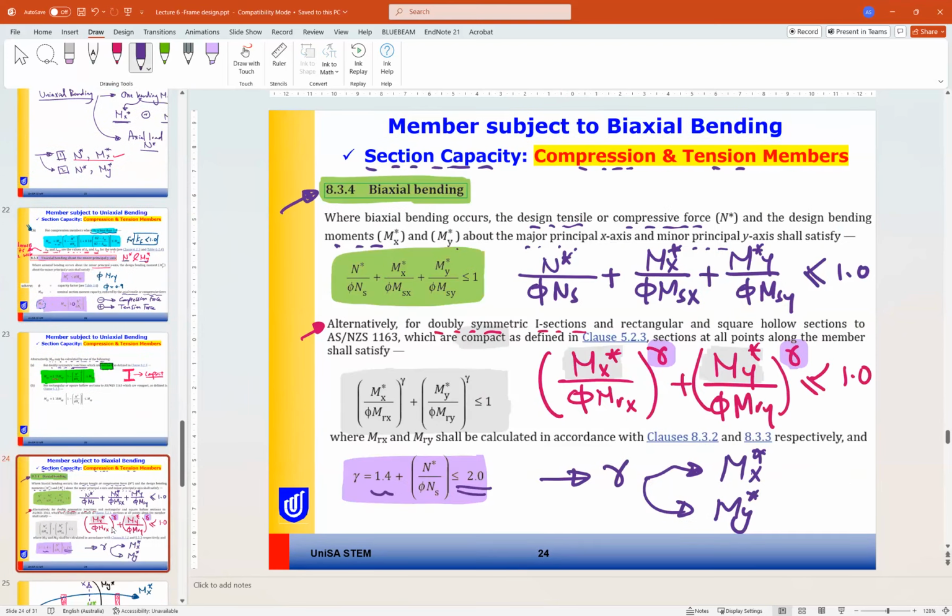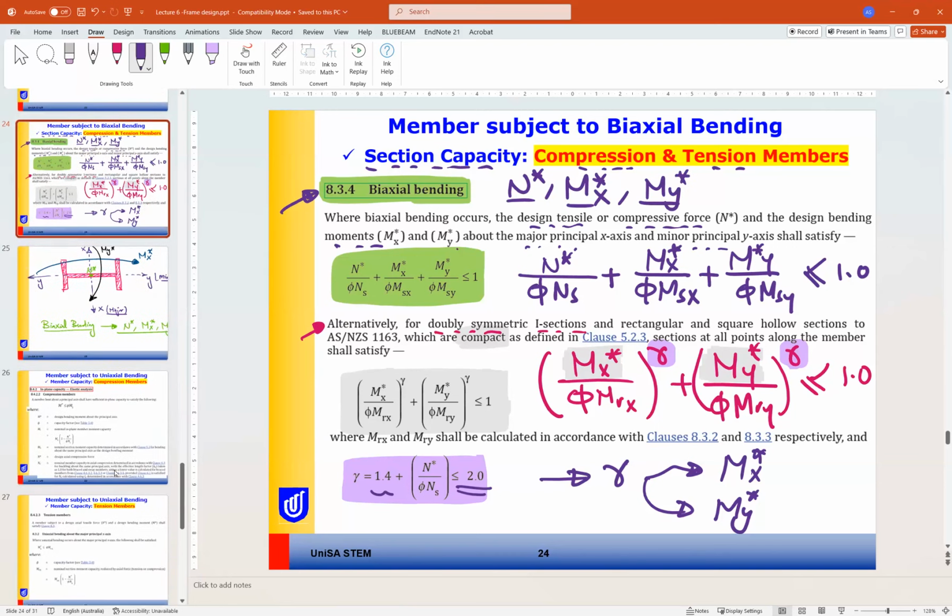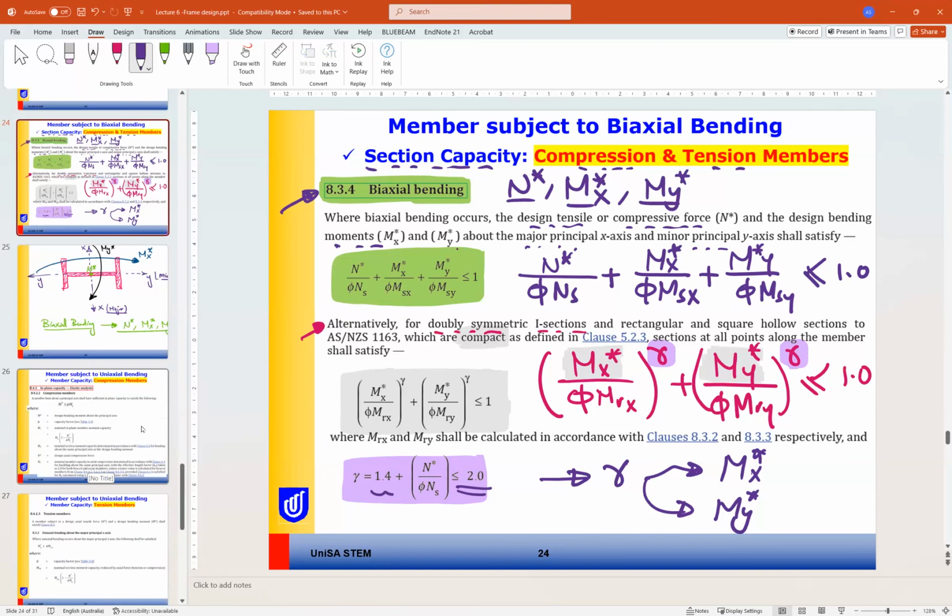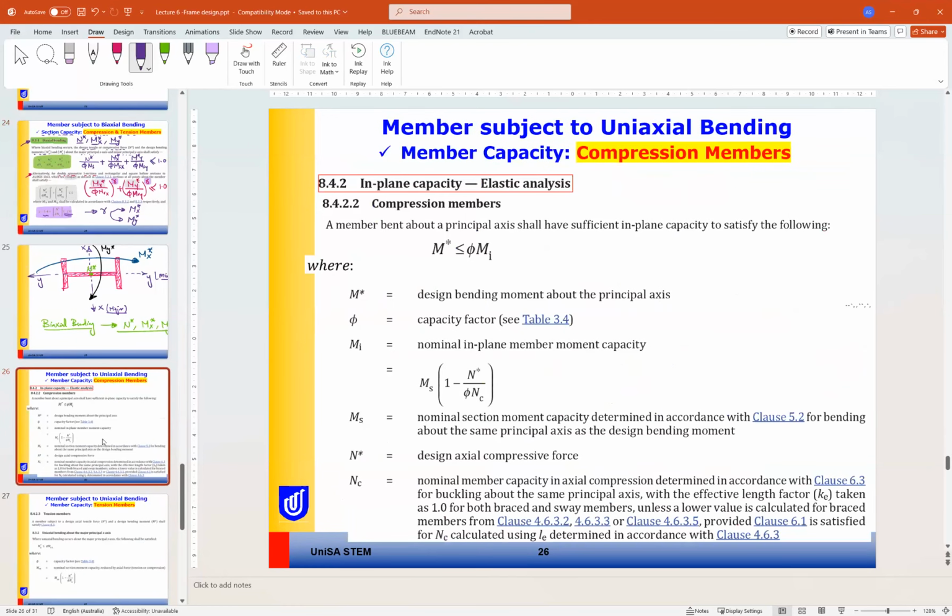And the third is biaxial, which is N asterisk, Mx asterisk, and My asterisk. So we have the three straining actions. Now, what is the next step after the section capacity? We have the member capacity.